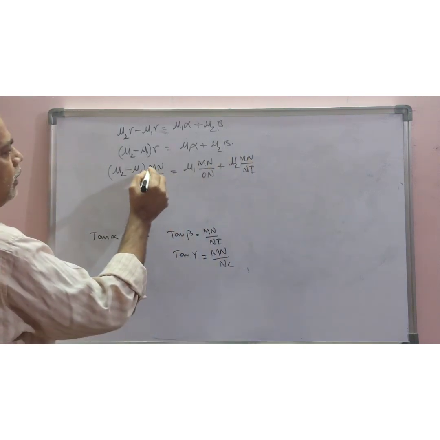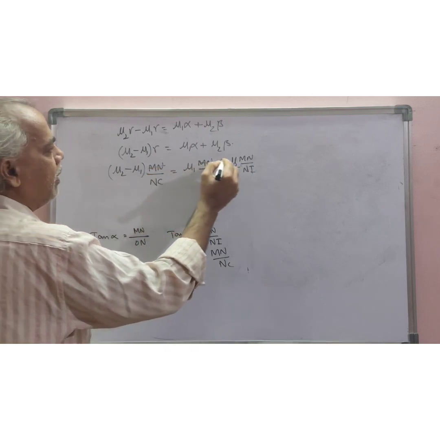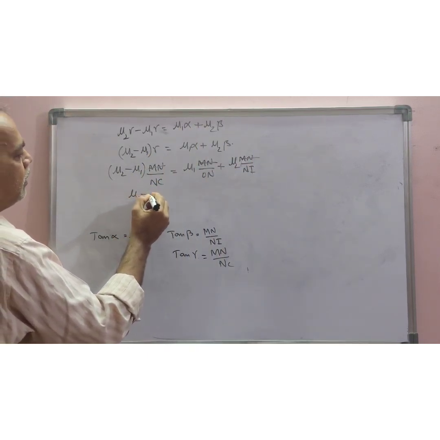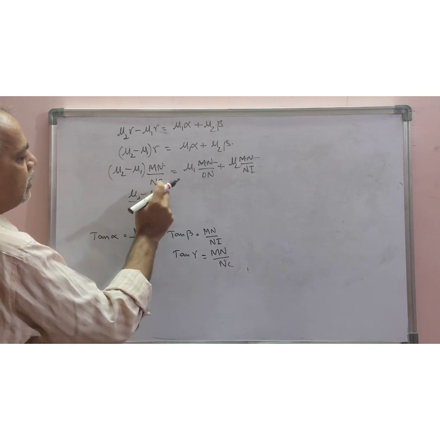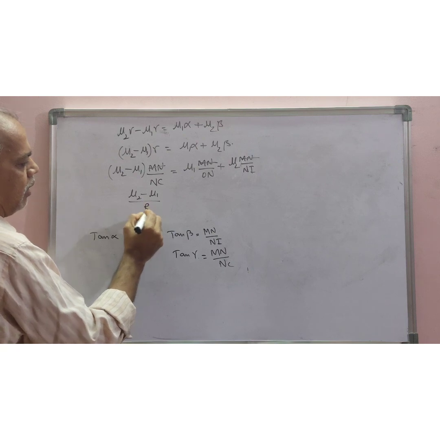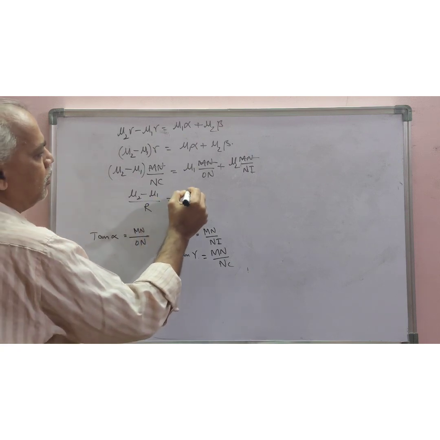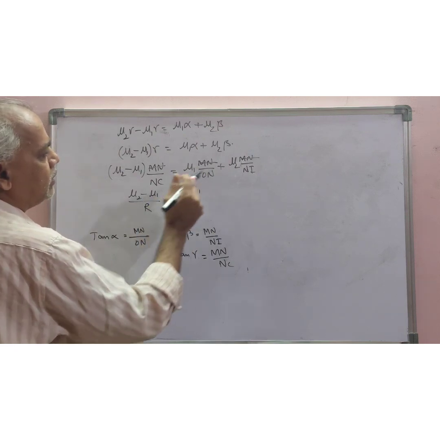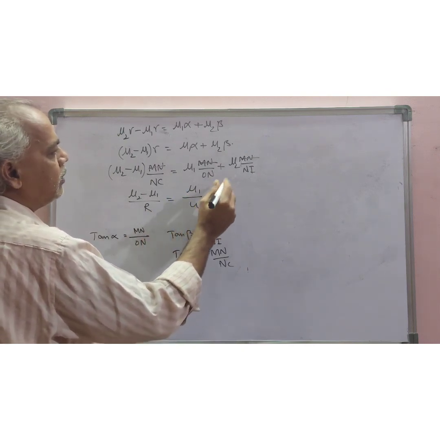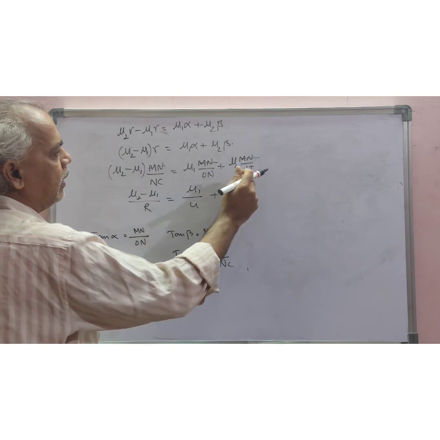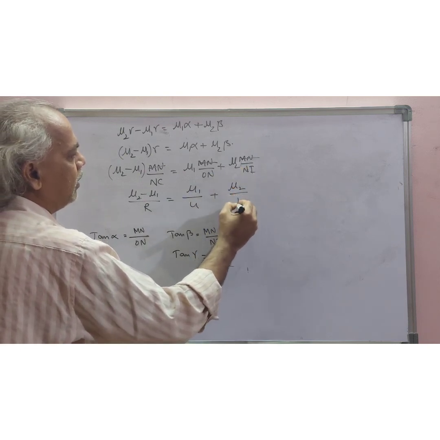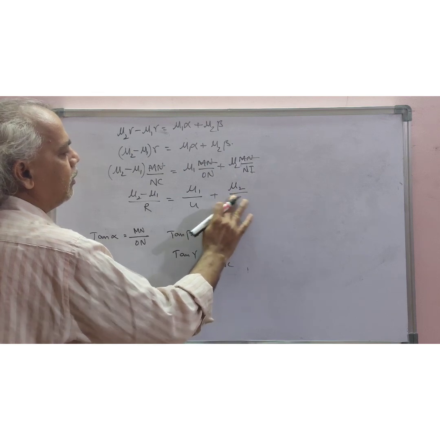Here MN cancels. So mu2 minus mu1 by NC, where NC is the radius of curvature r, is equal to mu1 by ON plus mu2 by NI. ON is the object distance u, and NI is the image distance v.